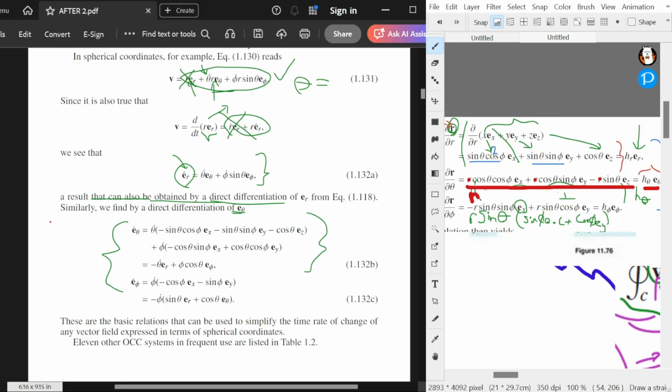Differentiate with respect to time. Theta multiplied by all this plus phi multiplied by all of this. 1, 2, 3.